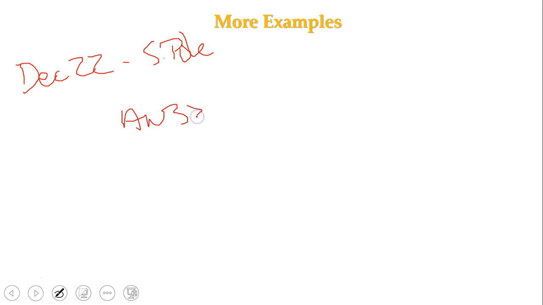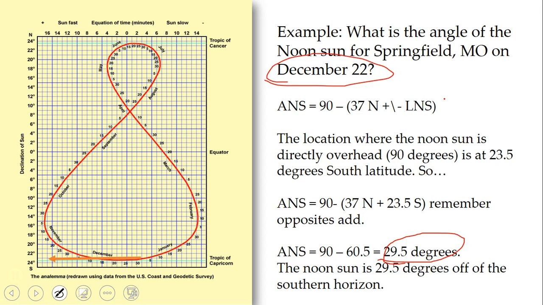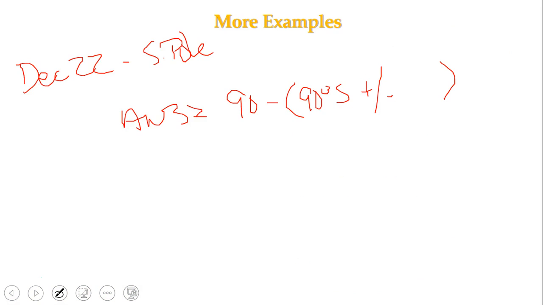The latitude of the noon sun, or the angle, is equal to 90 minus, and we're at the South Pole, so that is 90 degrees south plus or minus, and then December 22nd, let's go back to the Analemma. That's way down here. As you can see, that is 23.5 degrees north, or 23.5 degrees south.